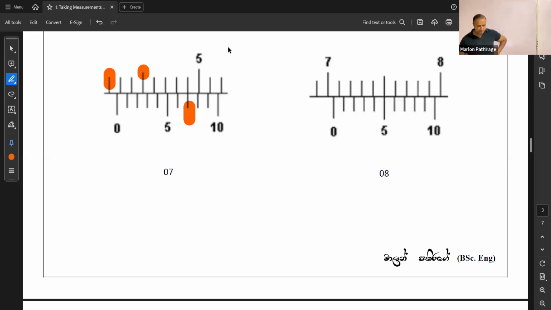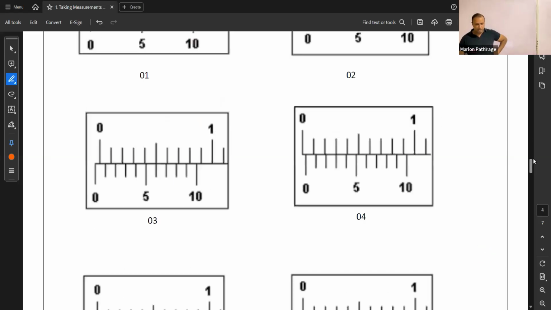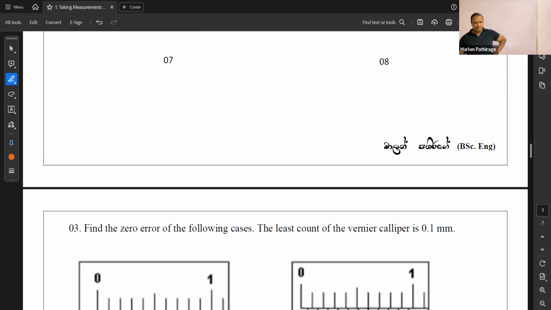Then this one, the main scale reading should be 7, so 70. The reading should be 70.5.